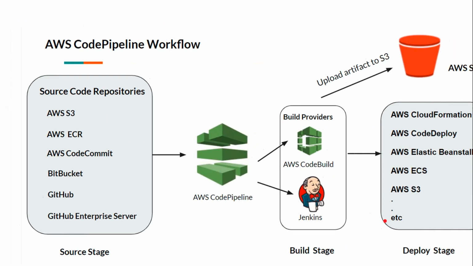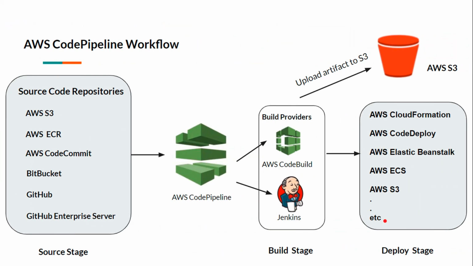So let's look into the AWS CodePipeline workflow. The workflow is very simple. It has three main stages. First is the source stage, second is the build stage, and the third is the deploy stage. In the build stage we can perform our testing as well.